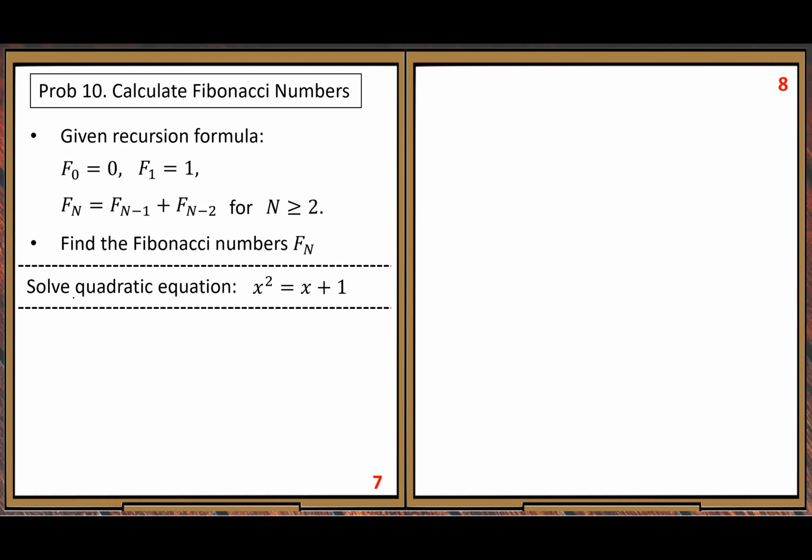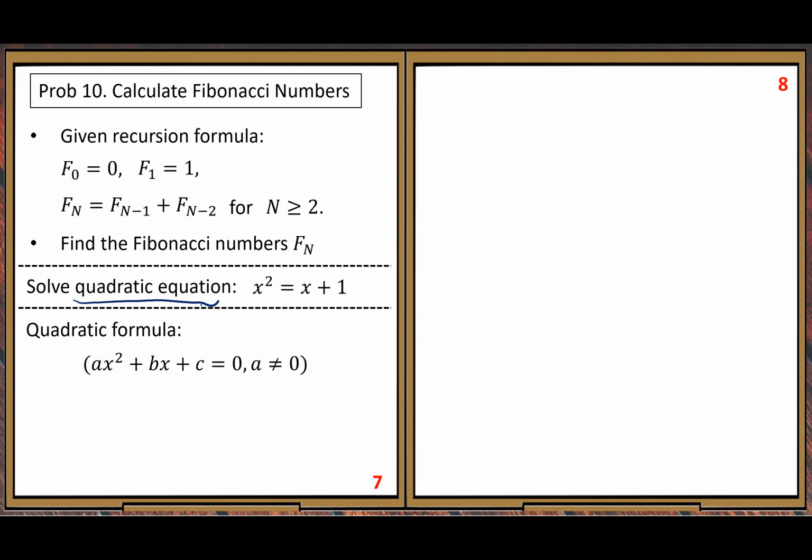We solve a quadratic equation. There is a formula, right? The quadratic formula. For the general case, we have ax squared plus bx plus c, but to make sure it is a quadratic equation, we assume a not equal to 0.